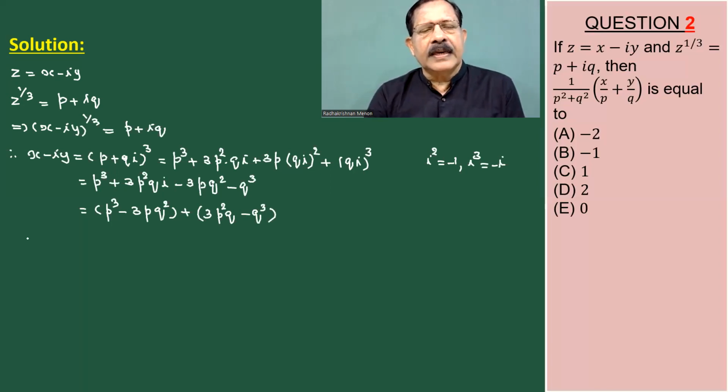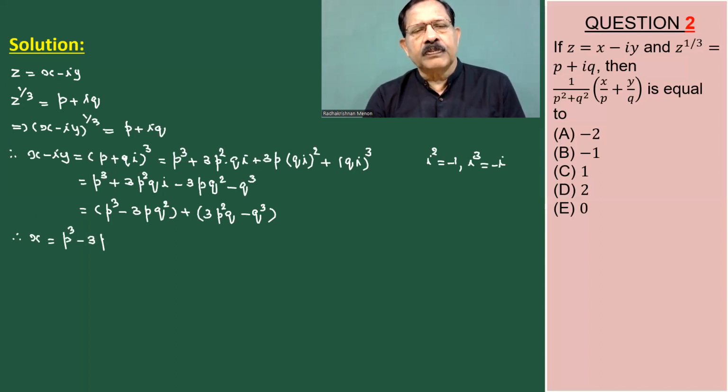So by equating real and imaginary parts, what are we getting? Therefore, x is equal to p cube minus 3p q squared. So we can take p as a common factor. So p into (p squared minus 3q squared).